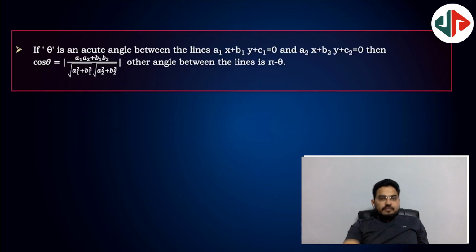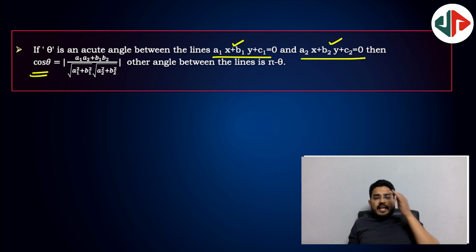Okay, right. In the initial beginning, we have talked about two lines whose slopes are M1, M2. What is the angle between them? So here if the lines are A1x plus B1y plus C1 is equal to 0, A2x plus B2y plus C2 is equal to 0, the angle between them, cos theta is equal to A1 A2 plus B1 B2 by root over A1 square plus B1 square into root over A2 square plus B2 square.